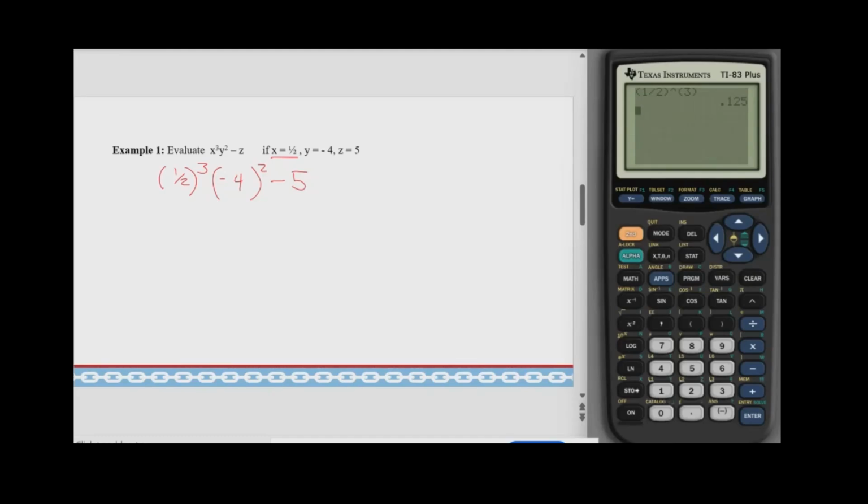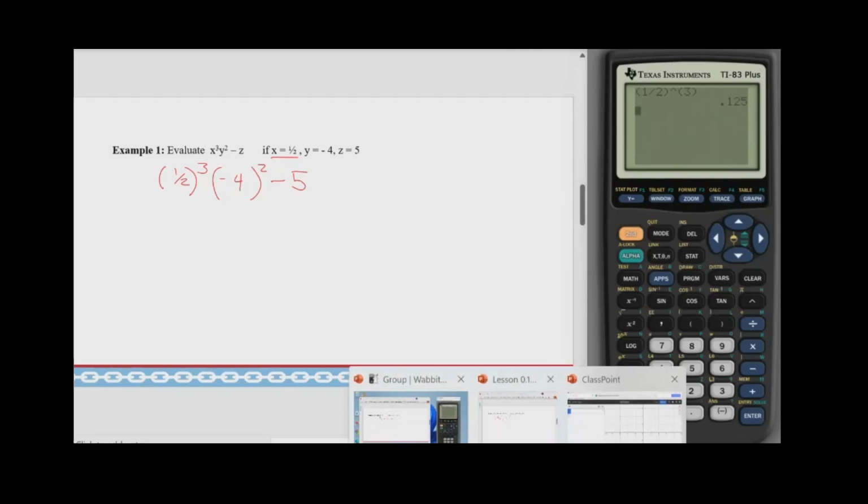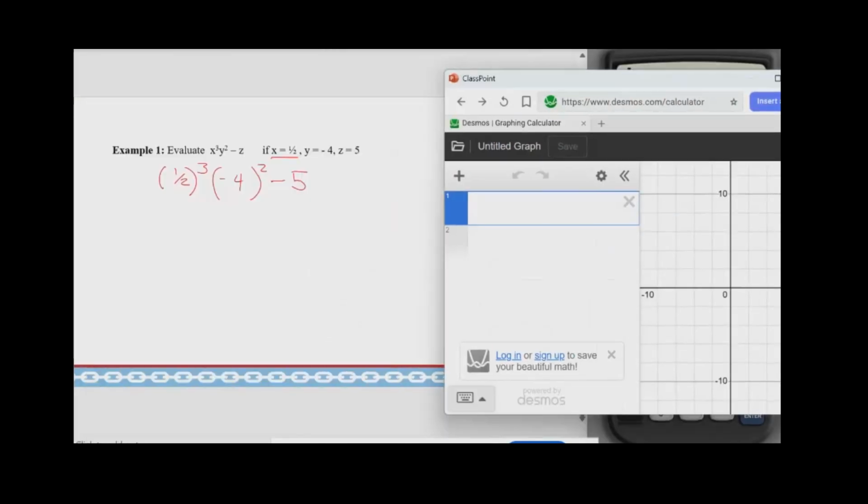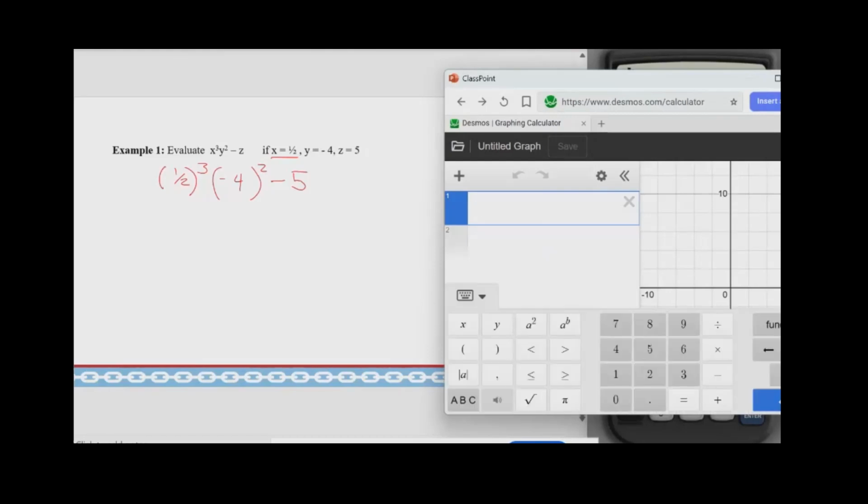If you use your Desmos calculator, you're going to have to enter that in a different way. Okay, so here I can enter it in 1/2, right? And it's going to automatically format that as a fraction.